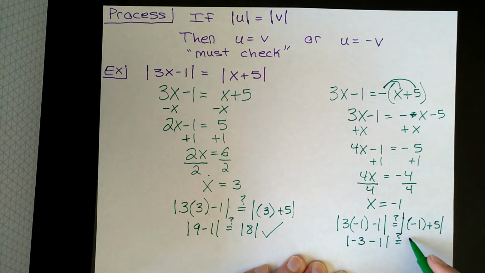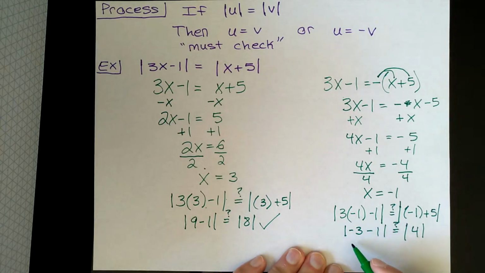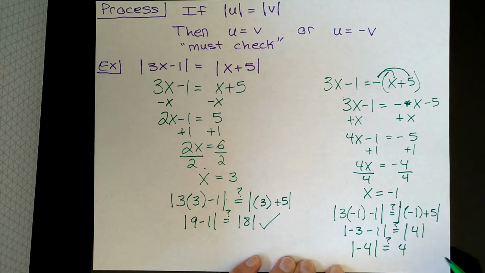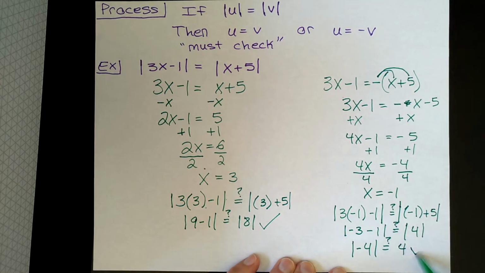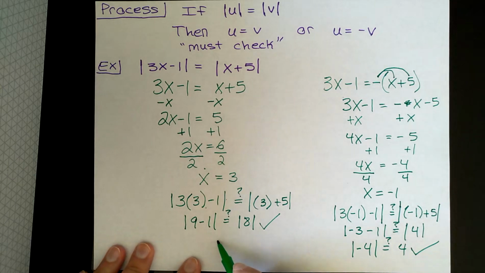And we want to see if that's equal to negative 1 plus 5 is 4. Negative 3 minus 1 is negative 4. So we have the absolute value of negative 4. We want to see if that's equal to the absolute value of 4, which is 4. And yes, that does check out. The absolute value of negative 4 is 4. So both of our answers are correct. X equals negative 1 and x equals 3.